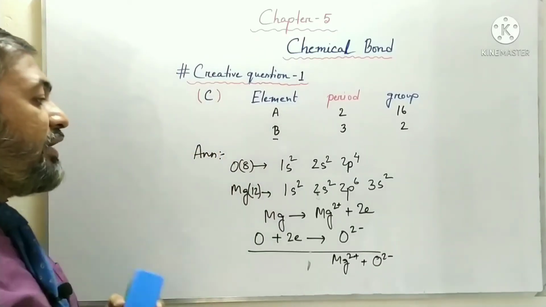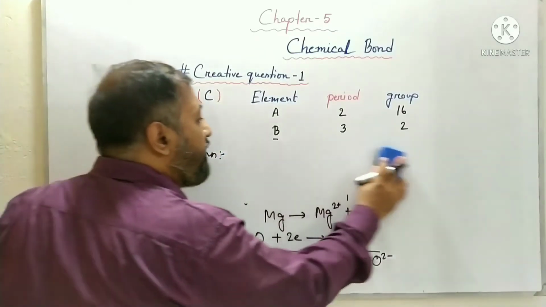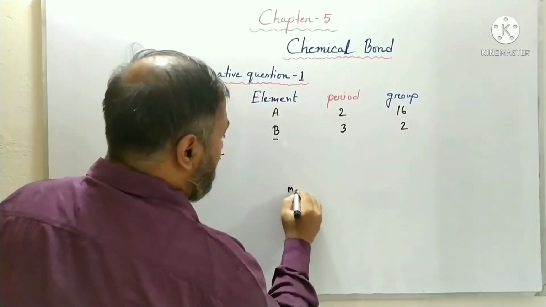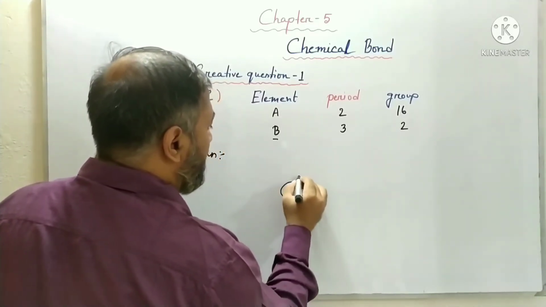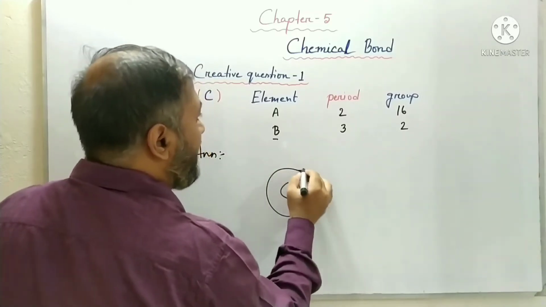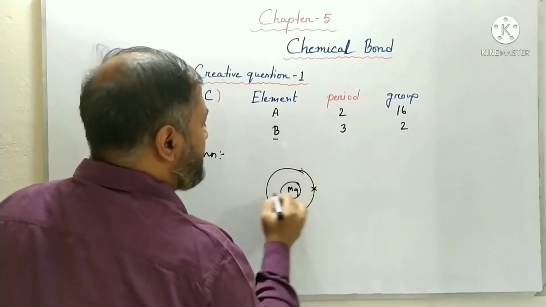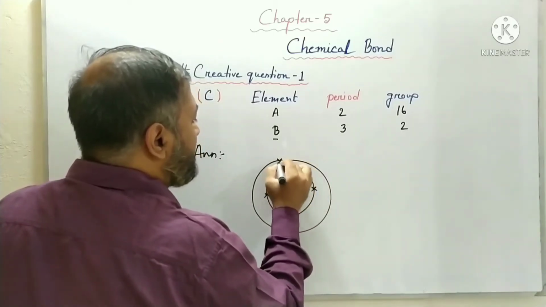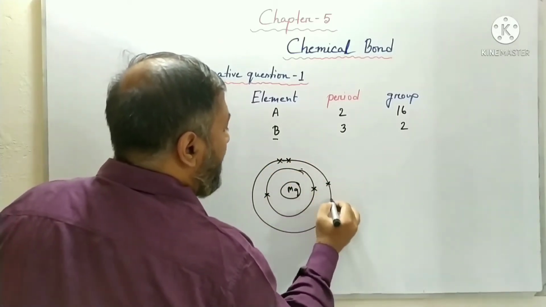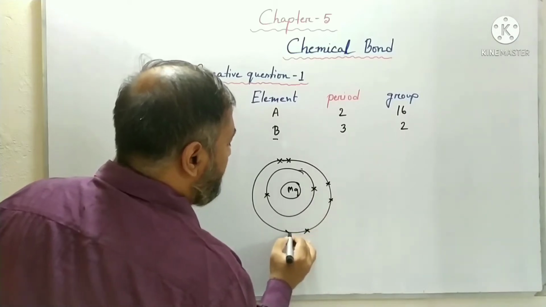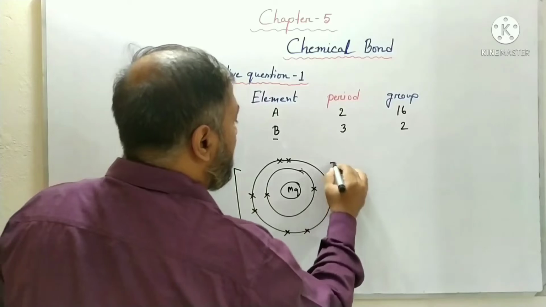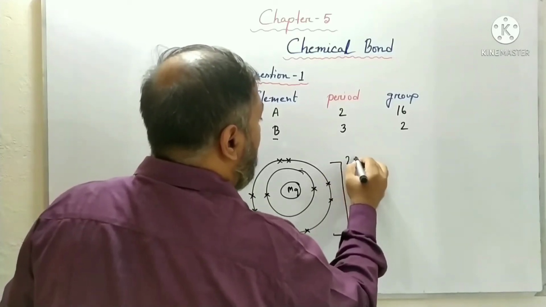If we see it in another form, in the first energy shell magnesium has 2 electrons. In the second energy shell, magnesium has 8 electrons, and magnesium will donate 2 electrons and become a magnesium ion.